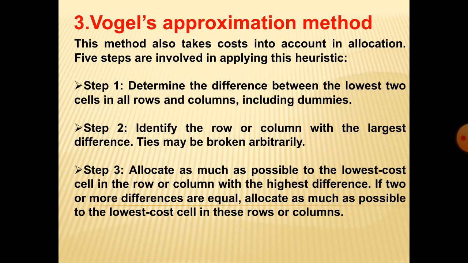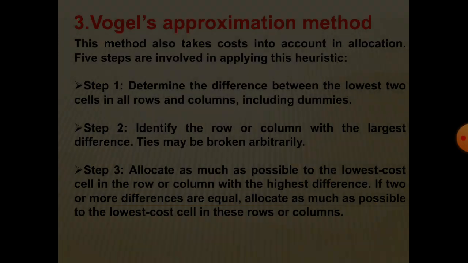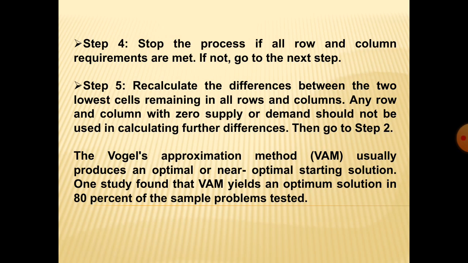Step 3. Allocate as much as possible to the lowest cost cell in the row or column with the highest difference. If two or more differences are equal, allocate as much as possible to the lowest cost cell in these rows or columns. Step 4.